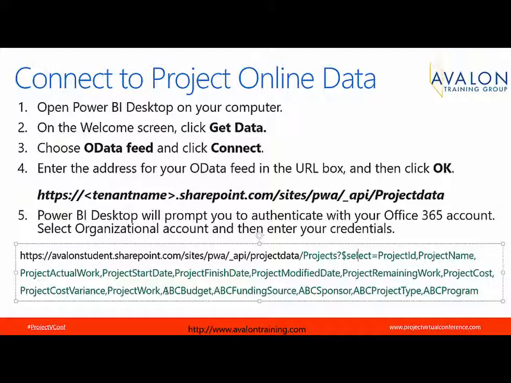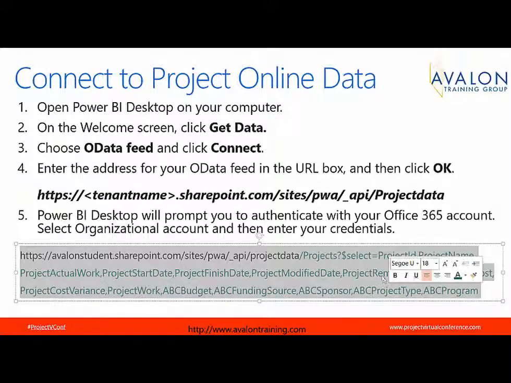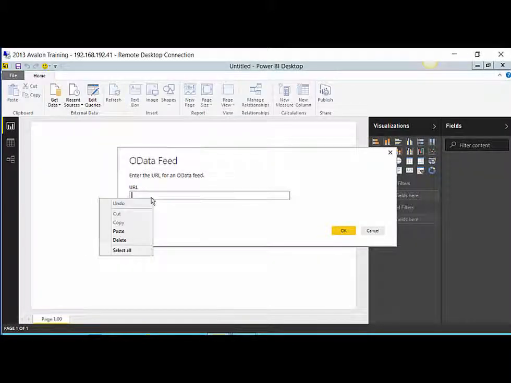All of my custom fields have ABC as an acronym at the beginning of the field. So there are about 4 or 5 custom fields that I'm also including in this URL. So I'll copy the complete URL, navigate back to my Power BI desktop, and paste.